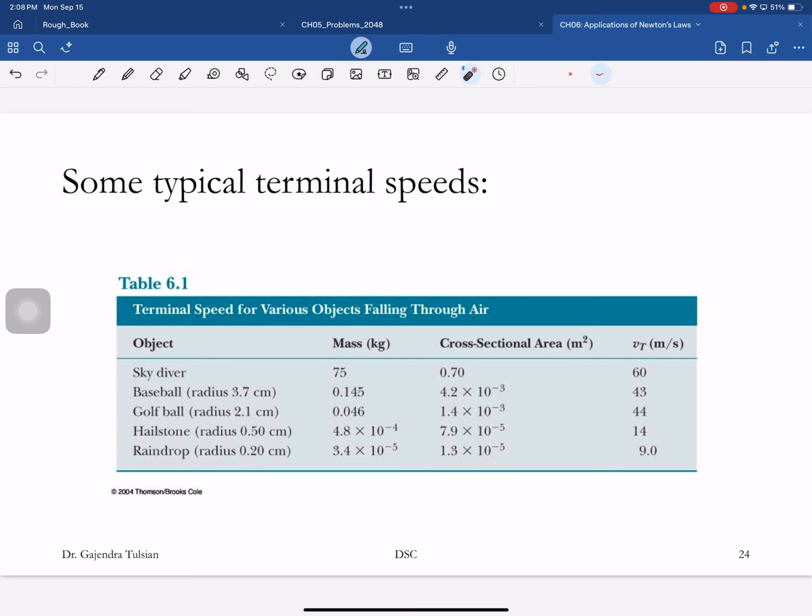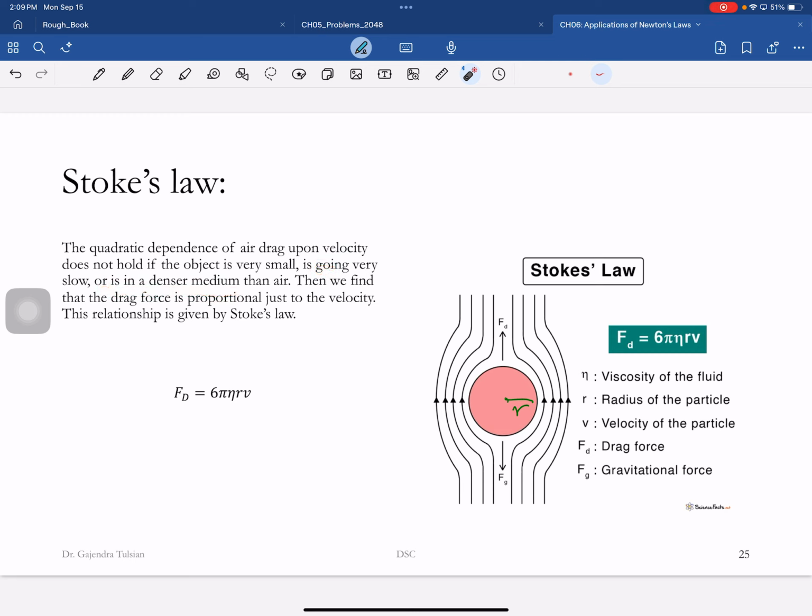So for small objects falling through a fluid, the drag force is proportional to the velocity. This is when the object is very small, going very slow, or going through a denser medium than air. In this formula, eta is the viscosity of the fluid.